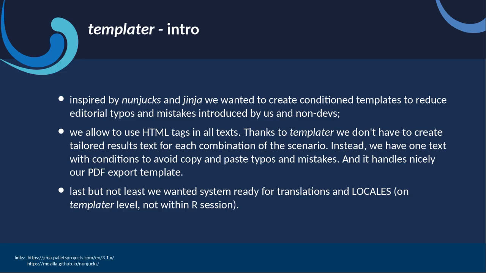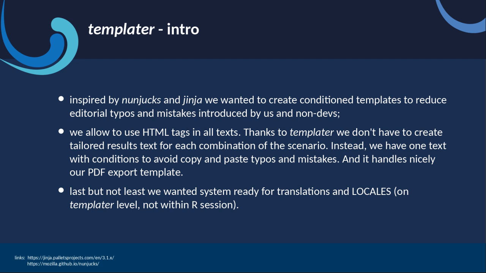The last missing piece of our Heat story is a package that we created to reduce editorial typos and mistakes in texts used in the user interface part. Moreover, we wanted to address our desire to simplify the complexity of texts, which are the result of the possible combinations of assessment scenarios. We achieved this by creating a package inspired by Nunjucks and Jinja.